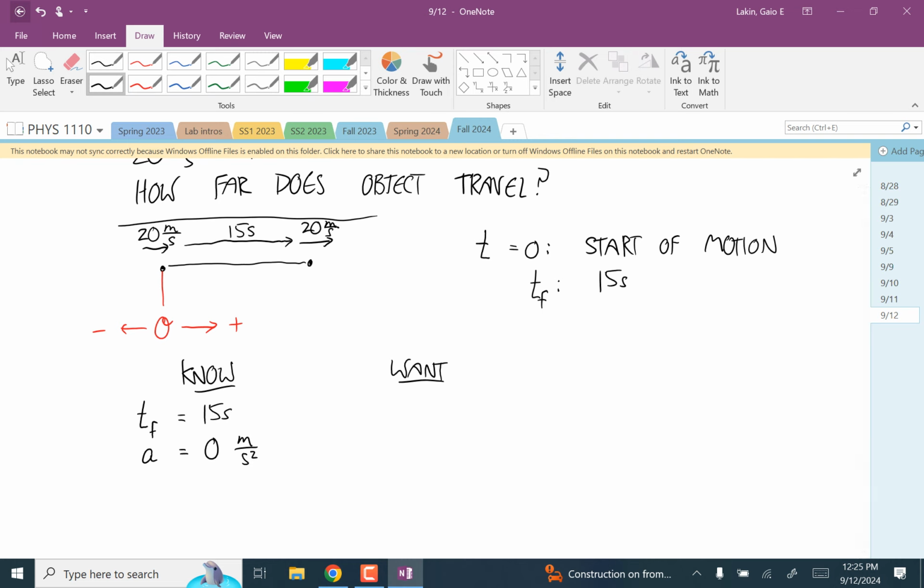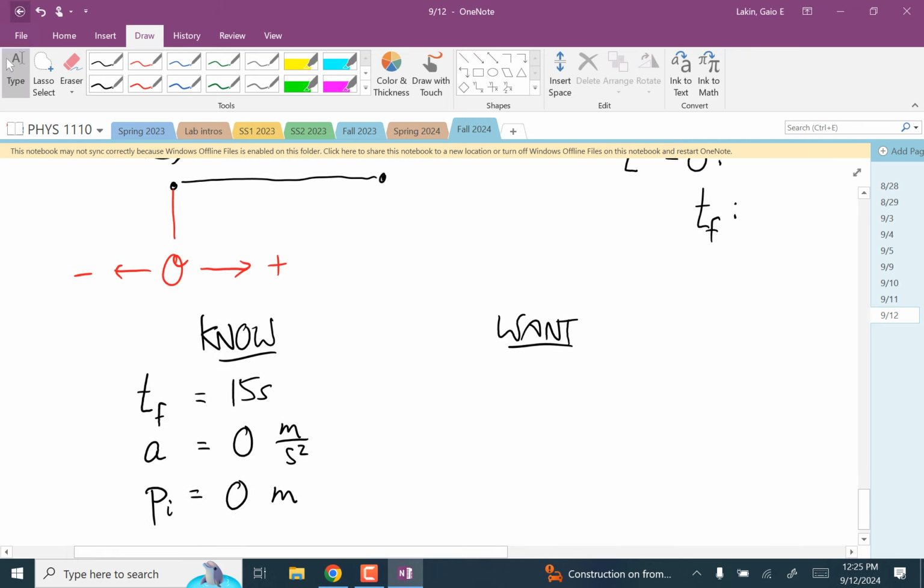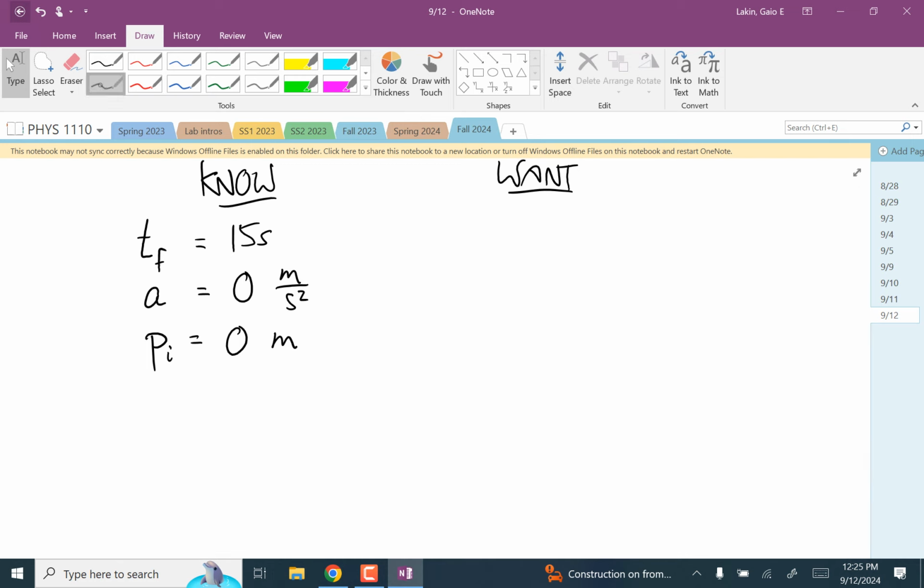Do we know the position at time equals 0? Yes, 0 meters. Do we know the position at time final?